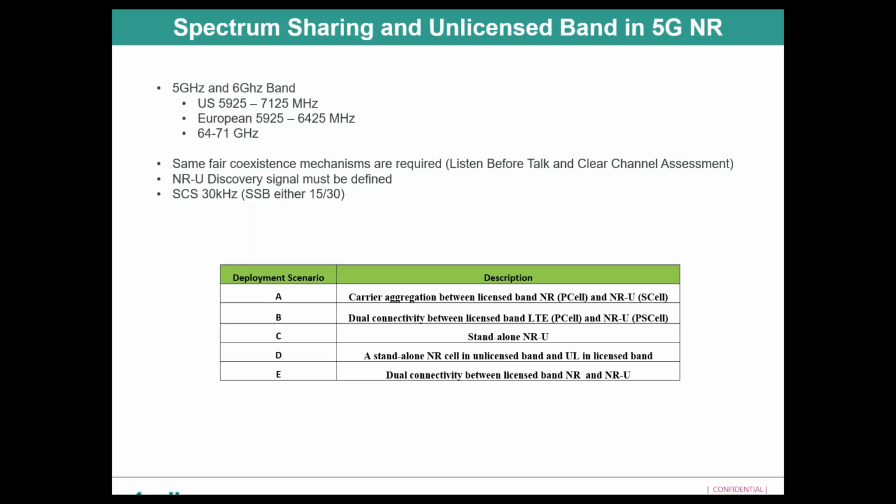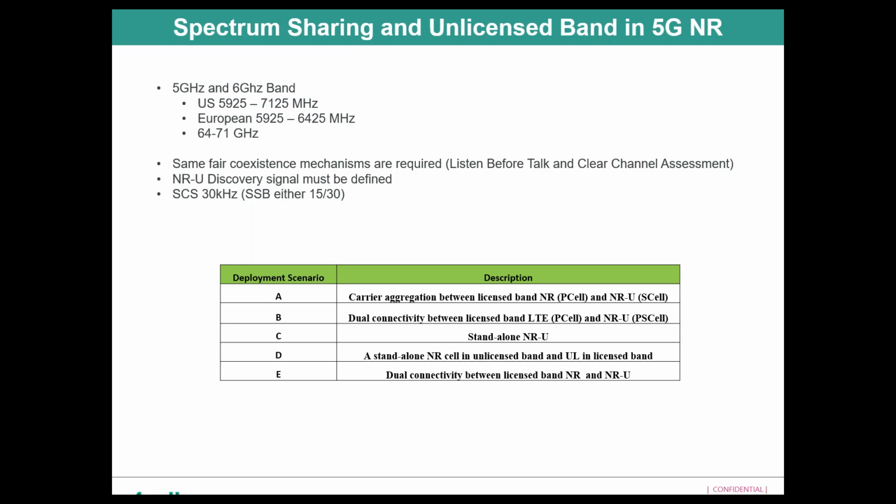But then there is some work happening in release 17, which looks at how we apply different waveforms and different multiple access techniques to higher frequencies that go higher than 52.6. As you know, between 64 to 71 gigahertz, that's about 14 gigahertz of unlicensed band. Licensed frequencies are very difficult and more expensive to get, right?